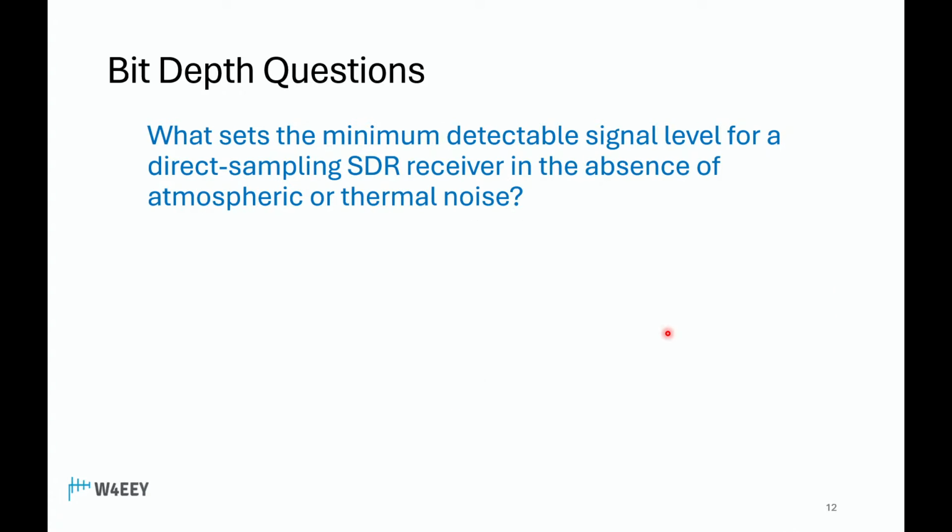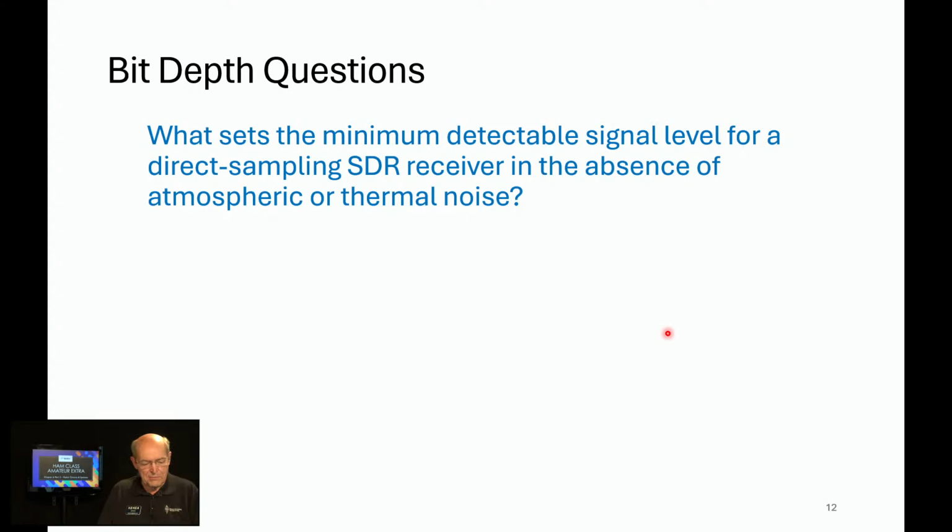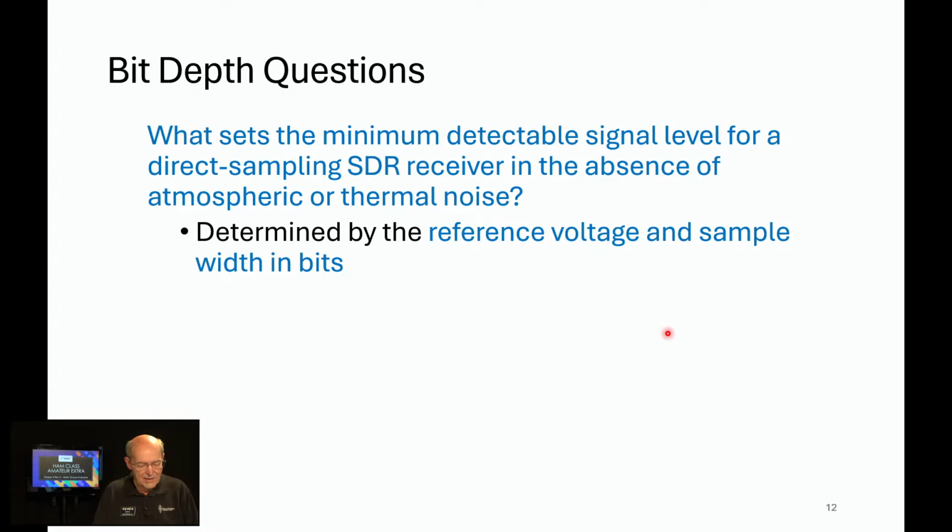Now there's several questions that they scrambled the words, I think, just to help confuse us. What sets the minimum detectable signal level for a direct sampling SDR receiver in the absence of atmospheric or thermal noise? That's the question. And the answer is it's determined by the reference voltage and the sample width in bits.